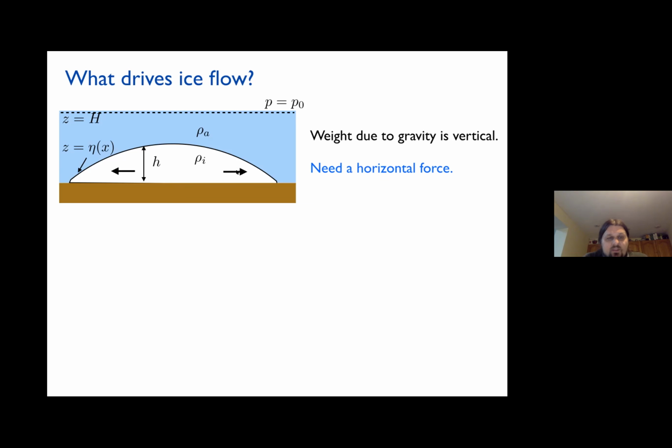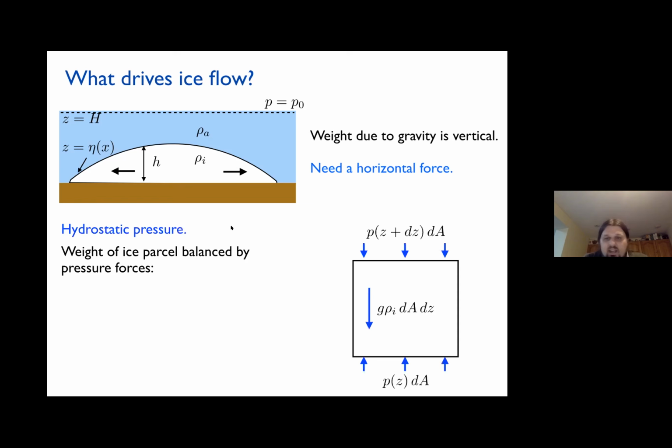And this is something that is quite easy to understand on energetic grounds, because you're releasing potential energy as it spreads out and occupies a relatively smaller height. But we're going to try and understand this using the force balance and how we can produce a horizontal force. And the key ingredient that you need is to take account of pressure forces.